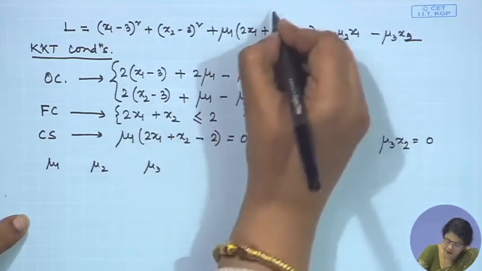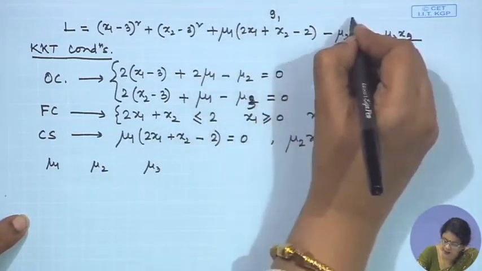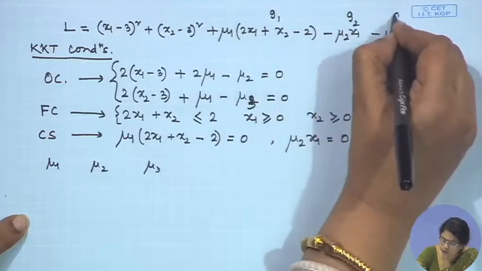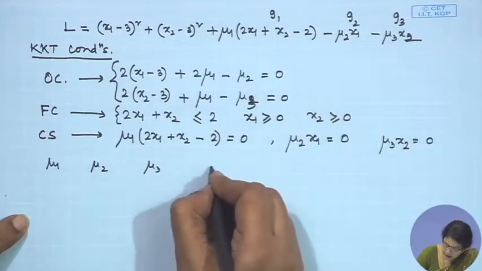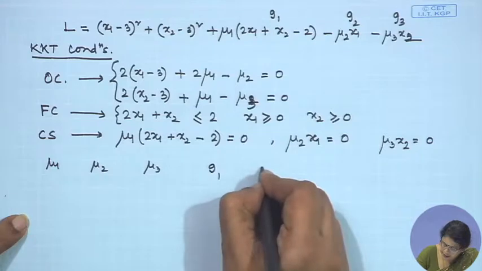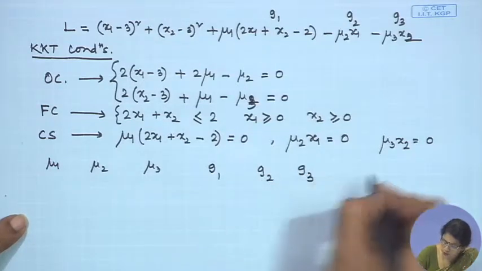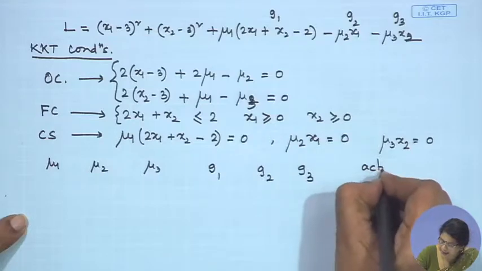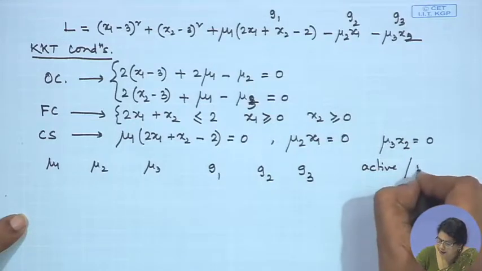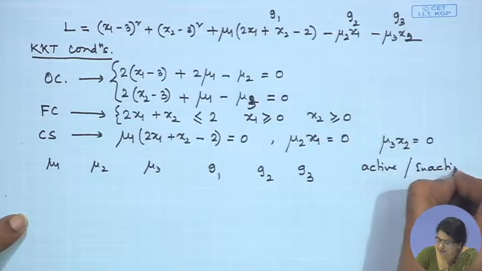We are having G1, if we consider this as G1, this is our G2, this is our G3. Then with different conditions of G1, G2, G3, mu 1, mu 2, mu 3, we will have either active or inactive conditions.